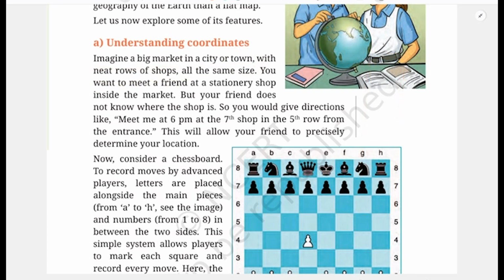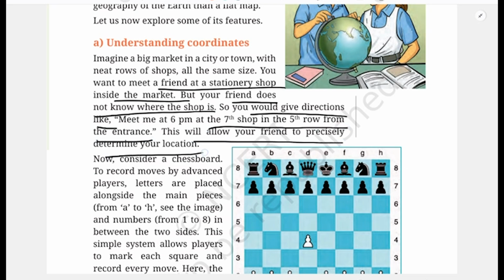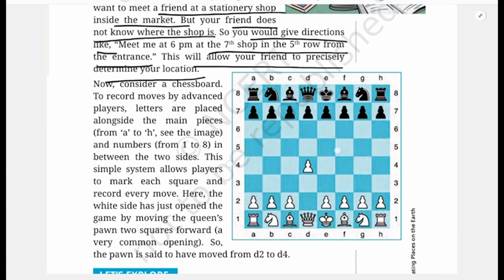You want to meet a friend at the stationery shop inside the market, but your friend will not know where the shop is. So you could help him by asking him to meet at the 7th shop in the 5th row from the entrance. It could make your friend understand your location more precisely and reach there. It makes his job easy.